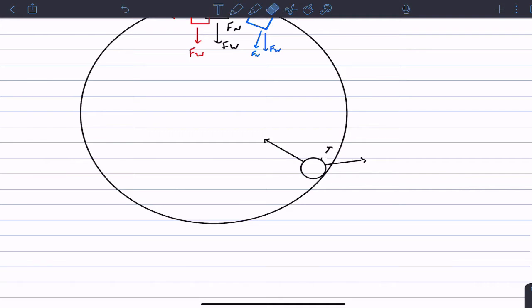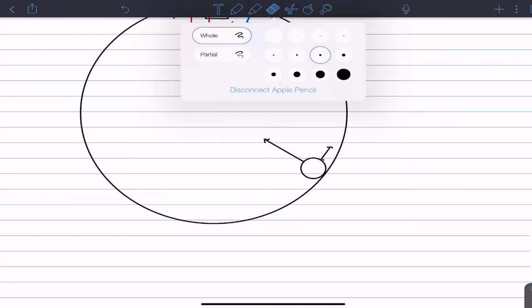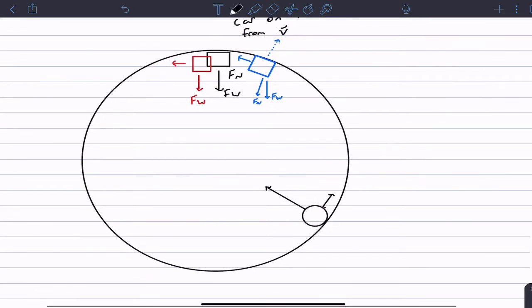Once it gets to the top, we want it to just barely exist, so we want the limit of Fn going to 0. The sum of the forces at any point along this loop is going to be mv squared over r. That's our centripetal force.